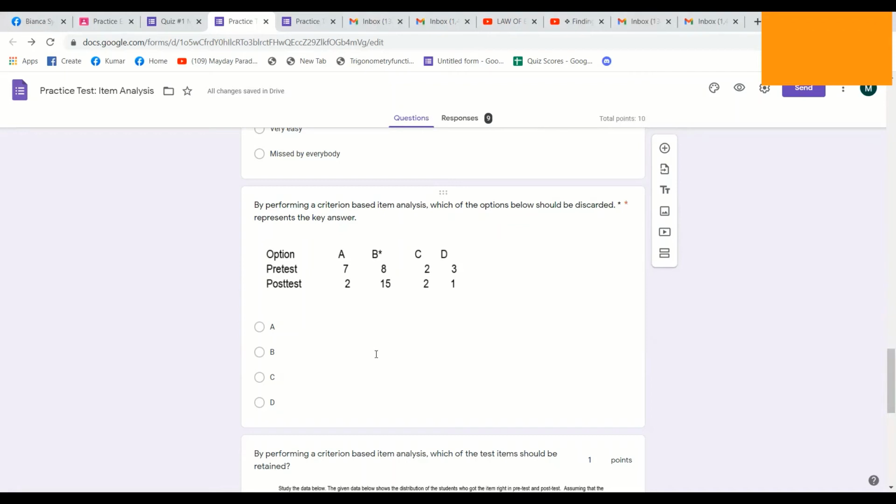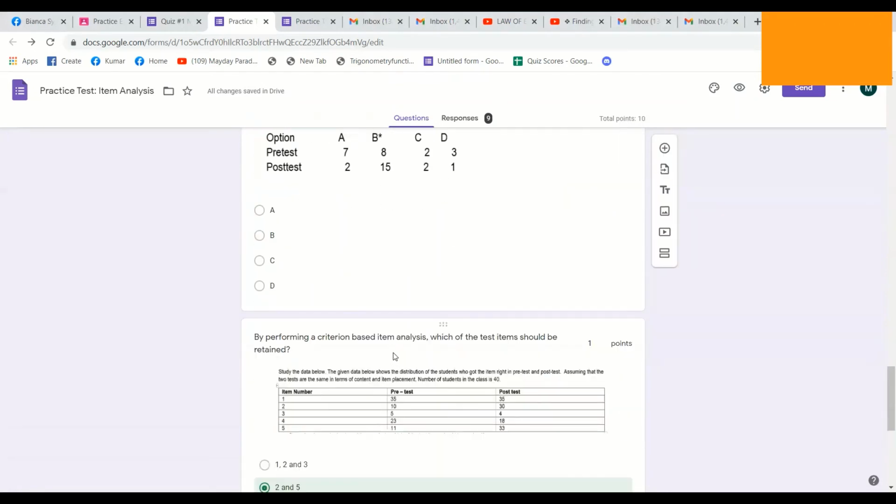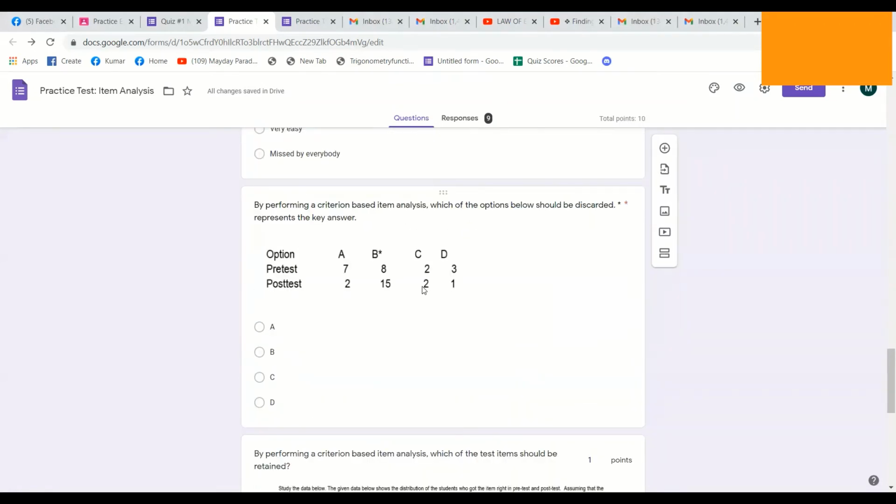Also for letter D, there's a decrease, so that is also a good option. However, letter C doesn't show any decrease. Therefore, we should discard letter C. There are no changes on letter C, that's why we need to discard it. If it is equal or there's an increase, we should discard it.